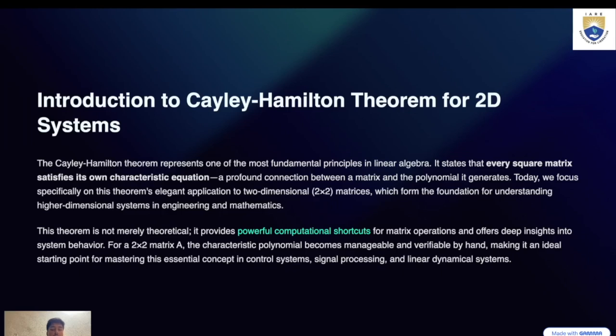One of the most important properties of a matrix is its eigenvalues and eigenvectors, which reveal how the matrix transforms vectors. The Cayley-Hamilton theorem is one of the most fundamental principles in linear algebra. This theorem is not merely theoretical, it provides powerful computational shortcuts for matrix operations.